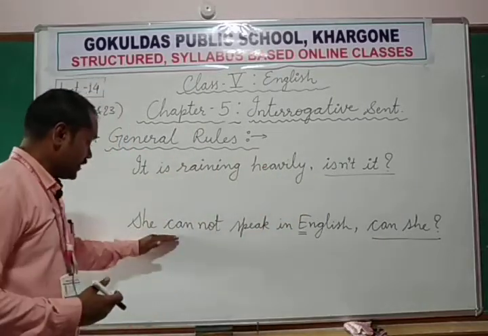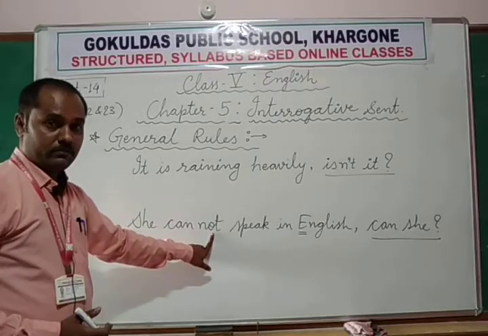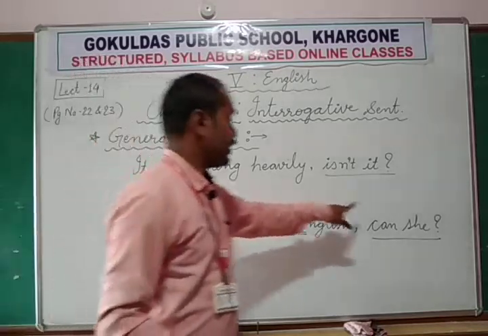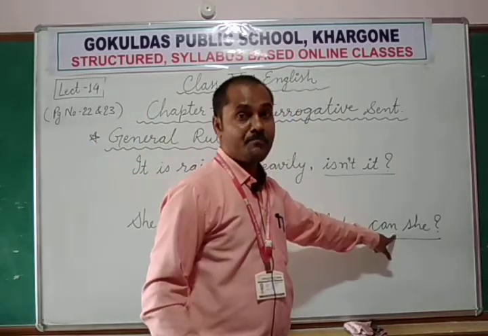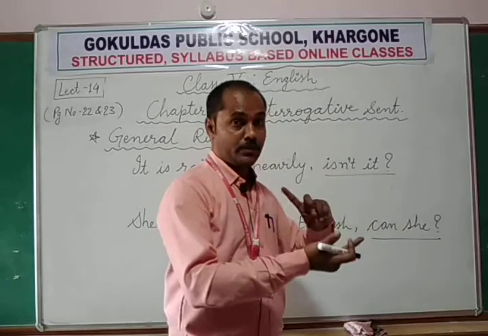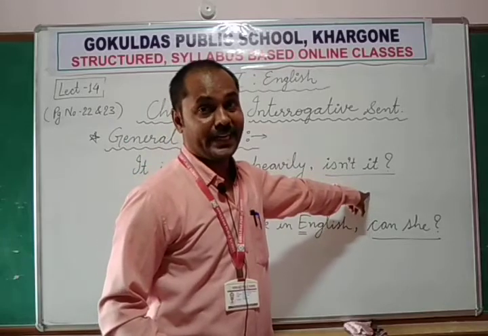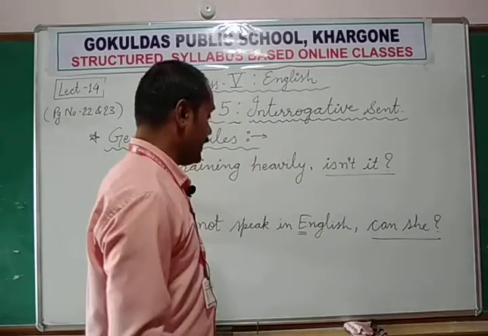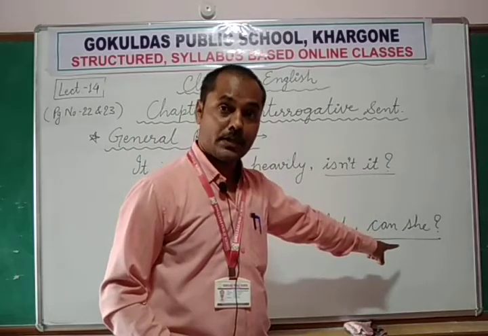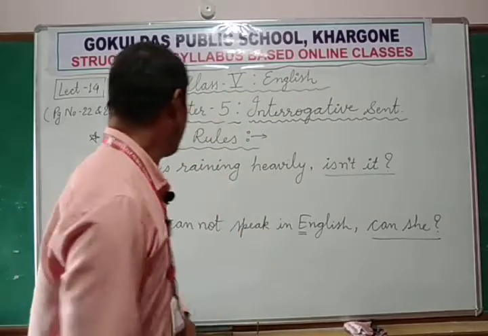If your first statement is negative, just like cannot, it is negative, we are denying, so the question tag will be positive. Okay, these are opposite. If this is positive, that will become negative. If this is already negative, then we'll use a positive question tag. That is the rule that you must learn.